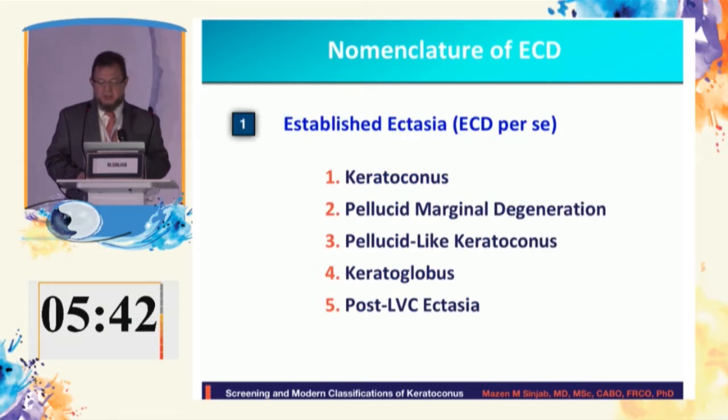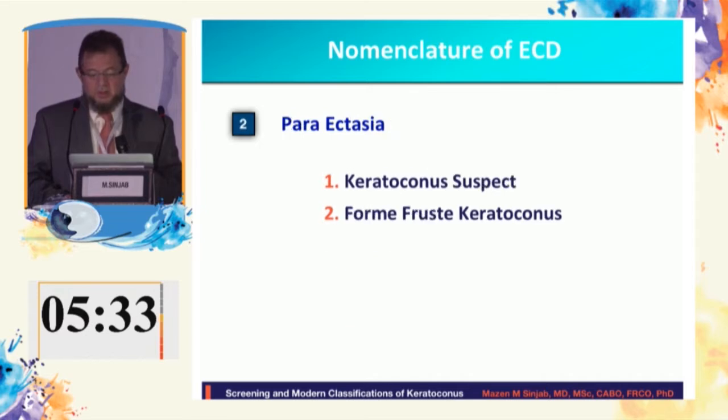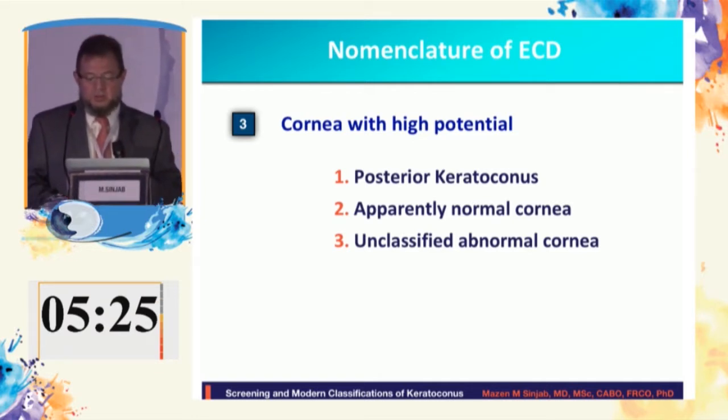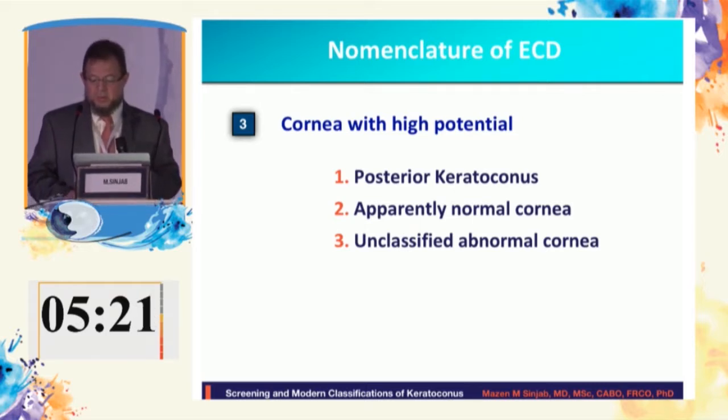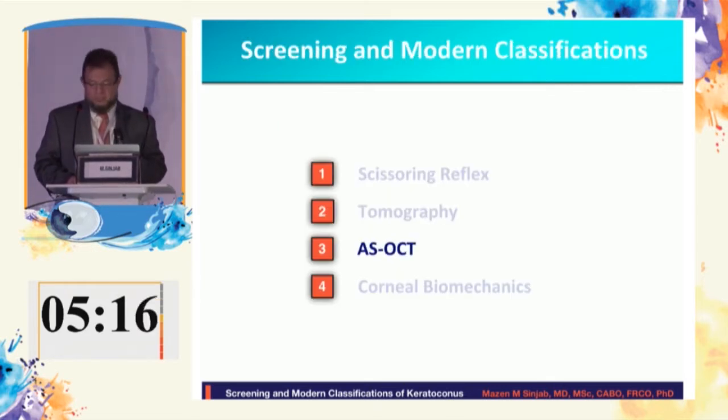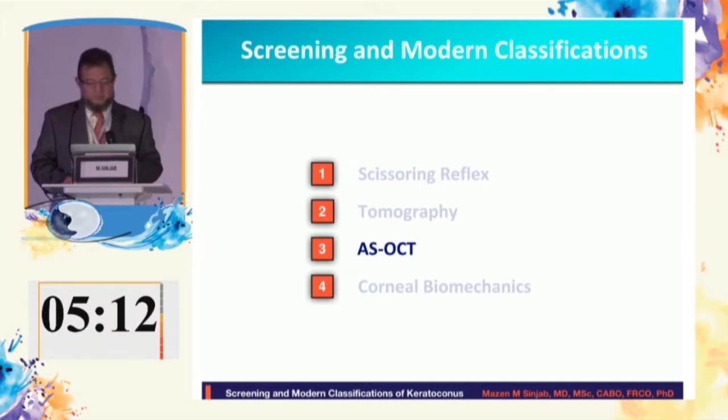The established ectasia consists of keratoconus, pellucid marginal degeneration, pellucid-like keratoconus, keratoglobus, and post-laser vision correction ectasia. The para-ectasia consists of keratoconus suspect and forme fruste keratoconus. Cornea with high potential consists of posterior keratoconus, apparently normal cornea, and unclassified abnormal cornea. Of course, I'm going to explain all these things in the course.